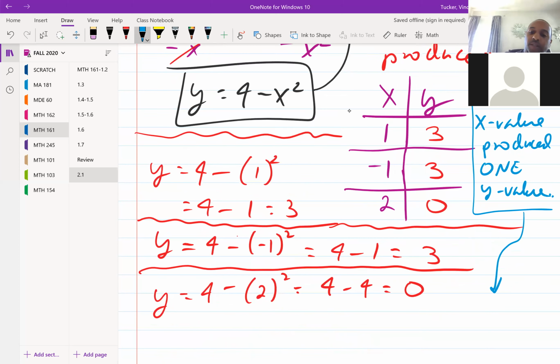And because that is the case, this is a function.